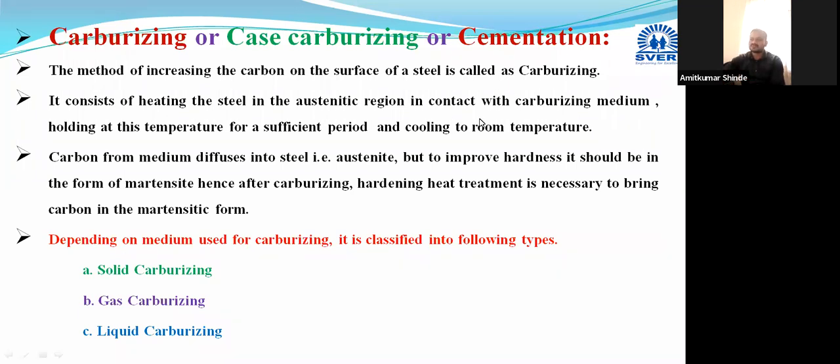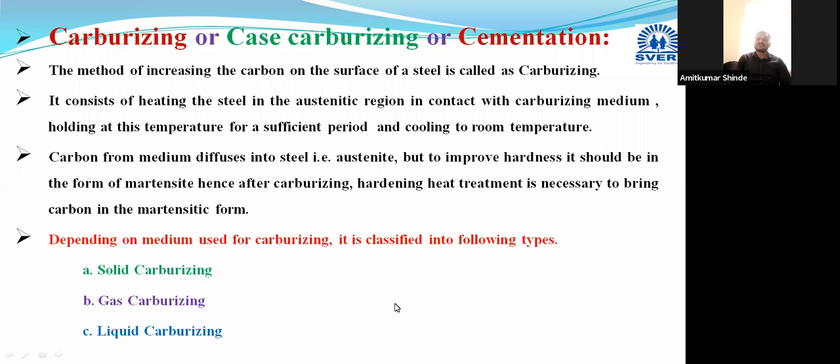After cooling to room temperature, carbon is diffused into the steel, but the hardness is not improved. When carbon is present in the form of martensite, only then will it increase the hardness of that particular steel. If that carbon is present in the free form, it does not improve the hardness of the component.